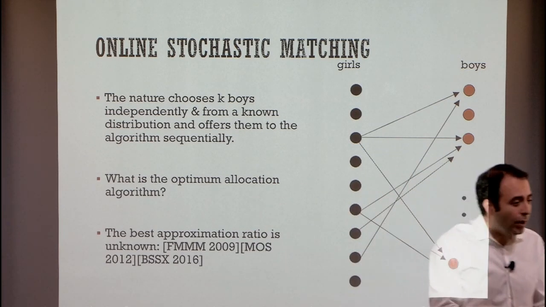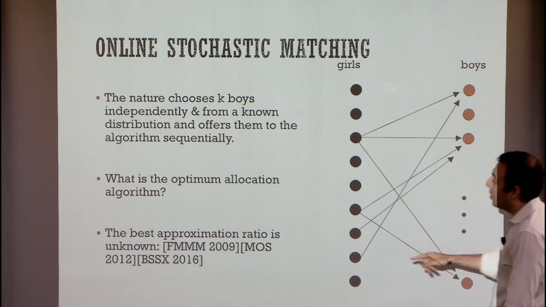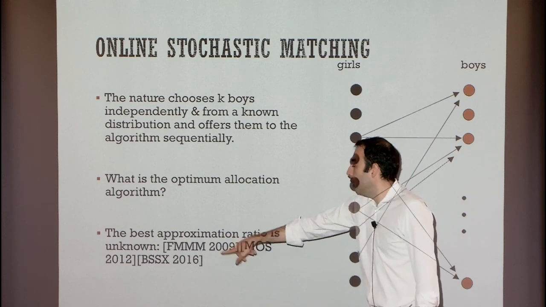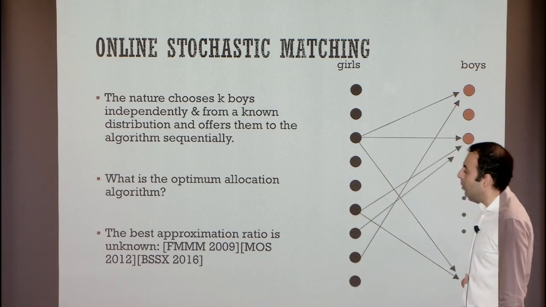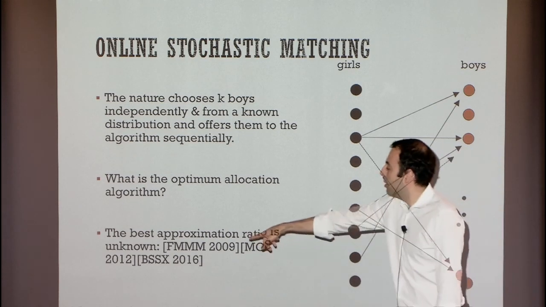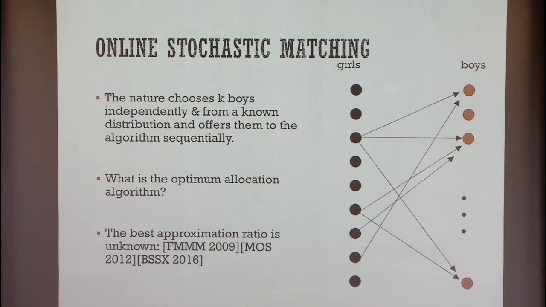So now we can talk about the optimal allocation algorithm, right? This is a stochastic input. Now, it's not too hard to show that the problem is NP-hard. What's the best approximation algorithm? The best approximation ratio is unknown. There is some work in this area initially by Feldman et al. We did some work there, and the work of BSSX, I think, is the best known approximation ratio.